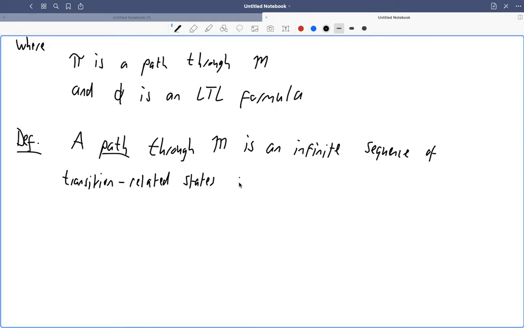So we'll write a path as pi, and we'll also expand it out, using S1 for the first state often, and the point is that each successive state must be obtainable from the previous state via the transition relation. Of course, the transition relation is directed, so you need to follow the arrow. So the arrows need to point in the right direction.